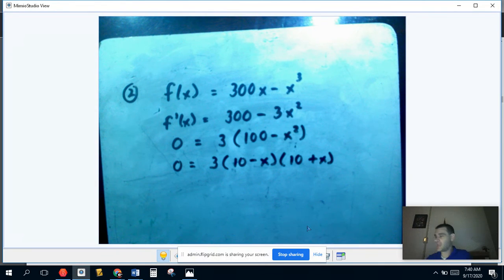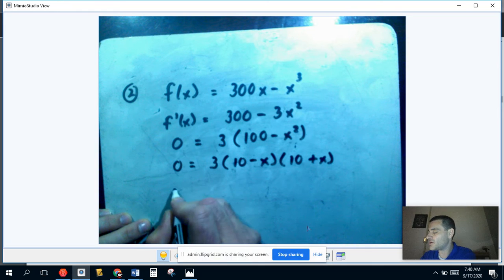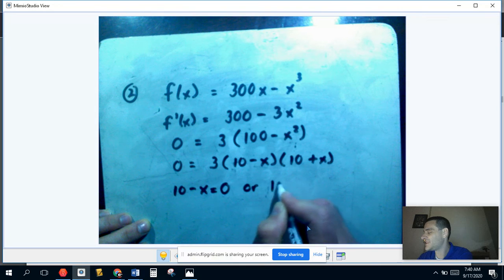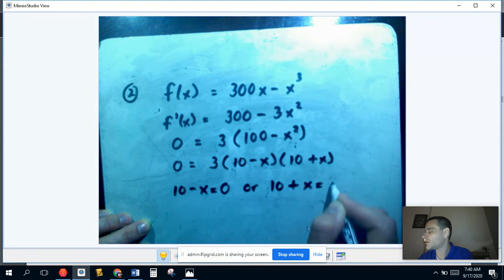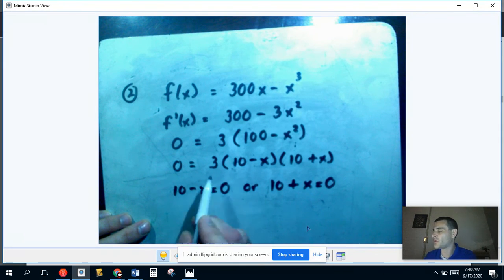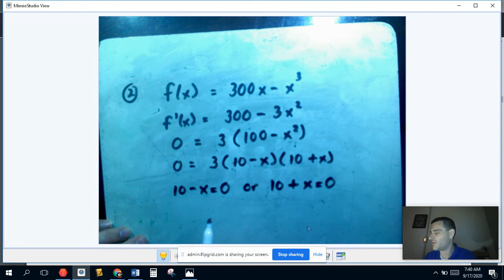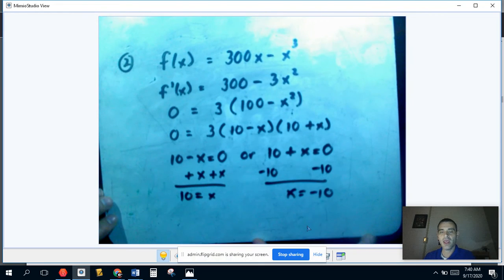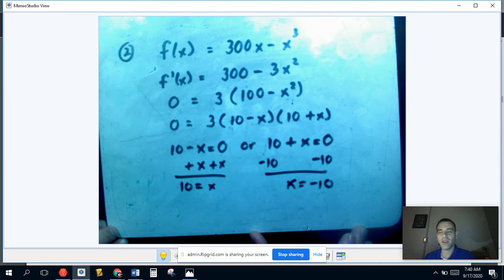And I'm going to set each of those equal to 0. So 10 minus x equals 0, or 10 plus x equals 0. We're going to solve both of those. The 3 will never equal 0, so you don't have to solve that. I'm going to add x to both sides here to get 10, then subtract 10 from both sides here to get negative 10. So we know that our derivative is going to be 0 when x is 10 or negative 10.